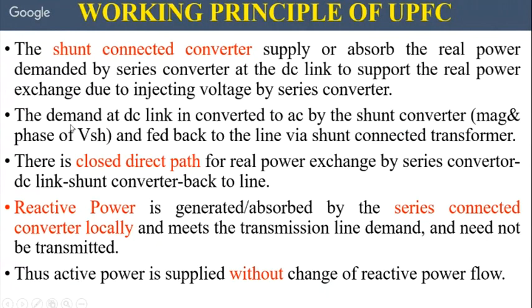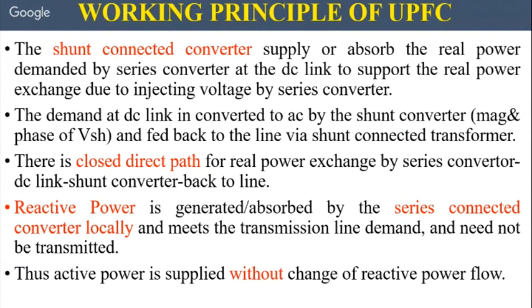That means the shunt compensator, or shunt connected voltage source converter, generates voltage as per the demand of the series connected voltage source converter. How does it meet the demand?